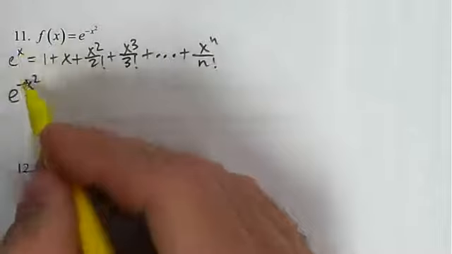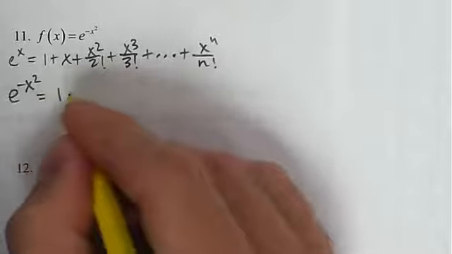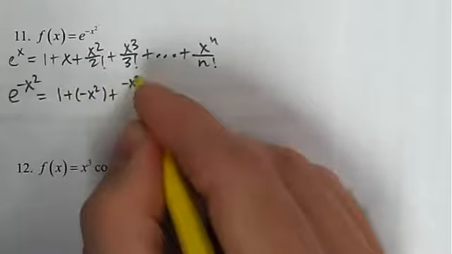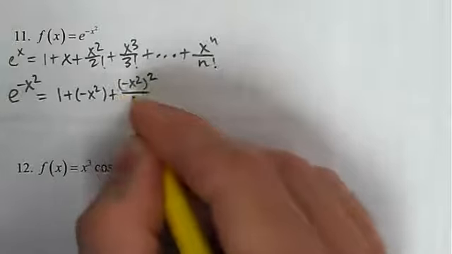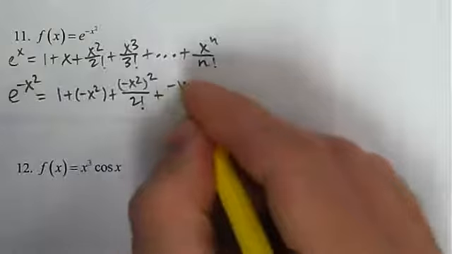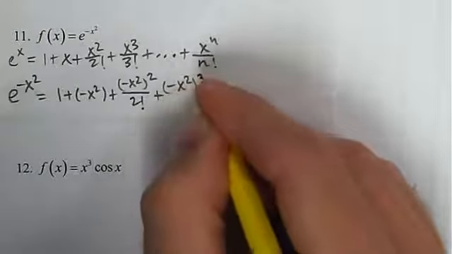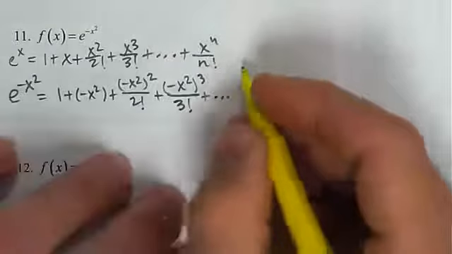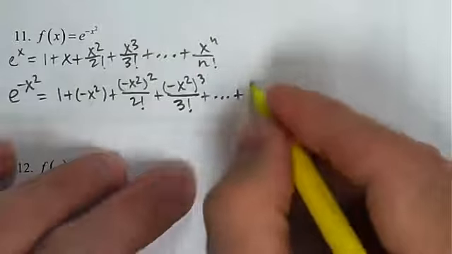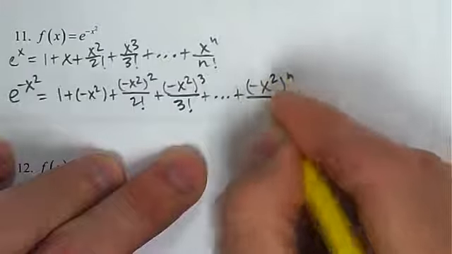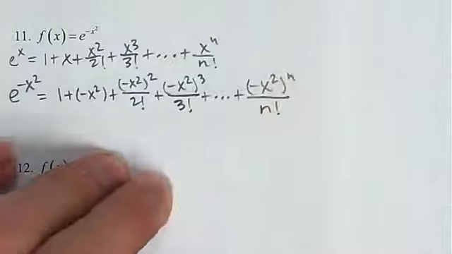What I'm going to do is just replace this x with negative x squared everywhere I see it. Plus, okay, so I'm going to take negative x squared to the nth power over n factorial.